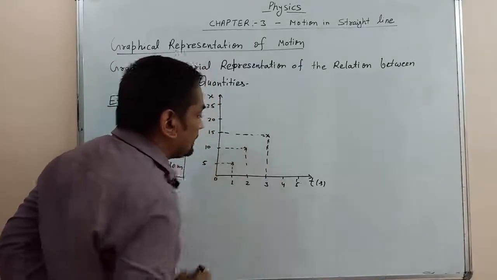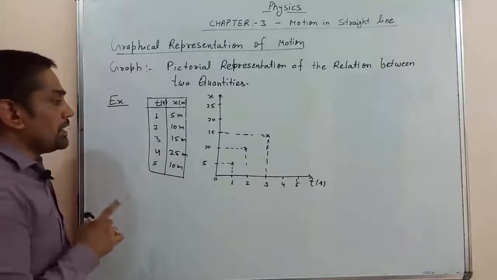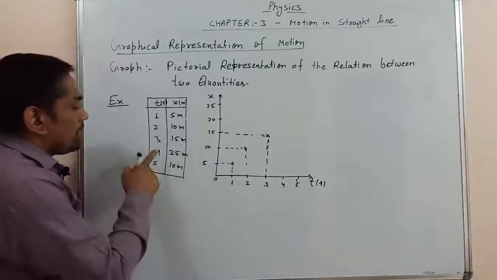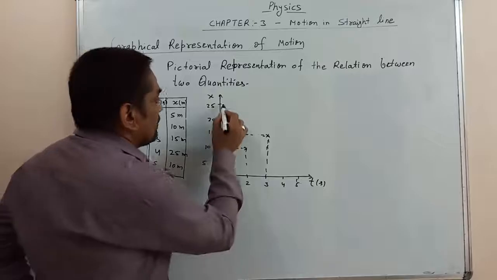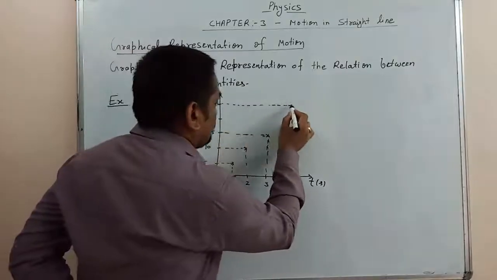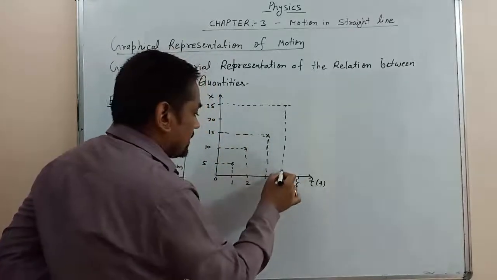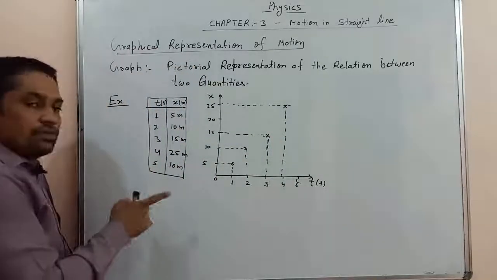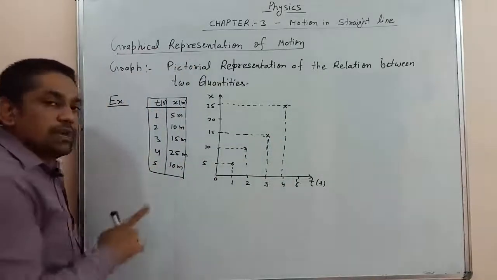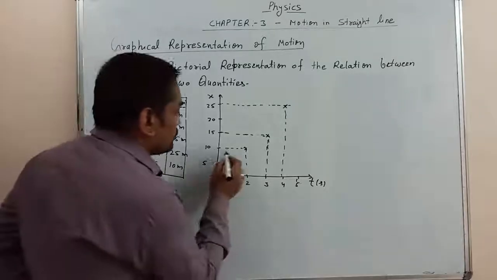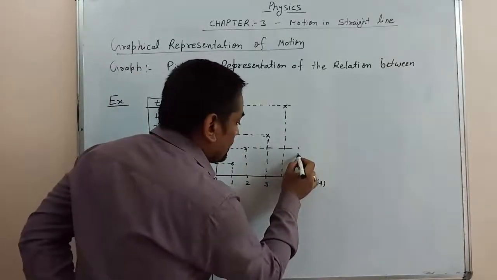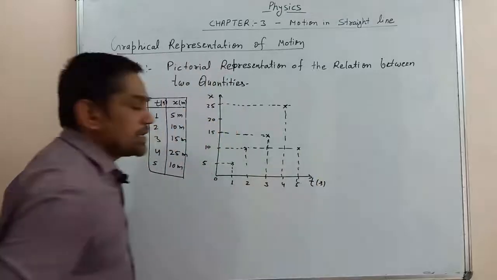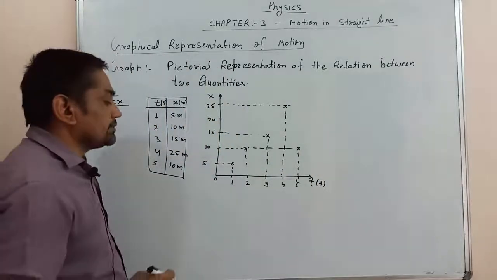After 4 seconds the displacement is 25. And after 5 seconds the displacement becomes 10. So at 5 seconds the displacement of the object is 10 meters.